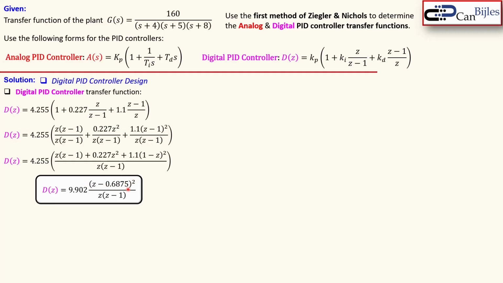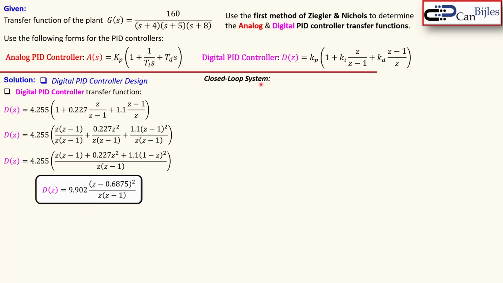So you see the double 0, and also the pole at the origin, and also a pole at 1. Of course the z-plane and the s-plane are different, so it doesn't mean that this is an unstable system, because a z pole of 1 looks like an unstable one, but it's actually not unstable in the z domain.